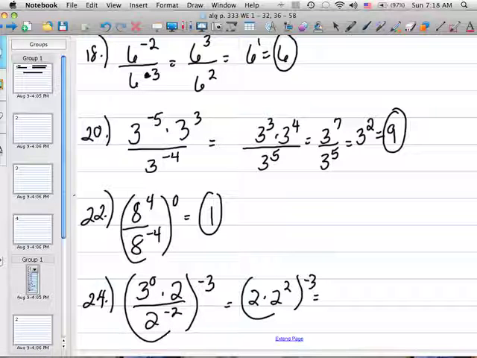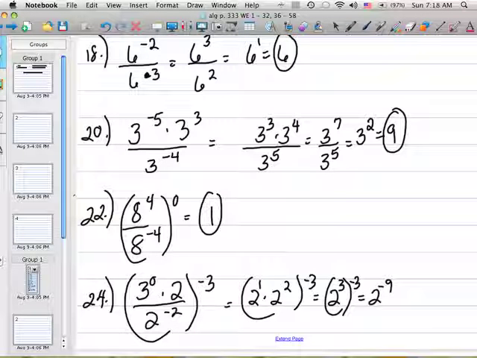So I have, adding my exponents, 2 to the 3rd taken to the negative 3, which is 2, multiply your exponents, to the negative 9th. And that flips, and becomes 1 over 2 to the 9th.